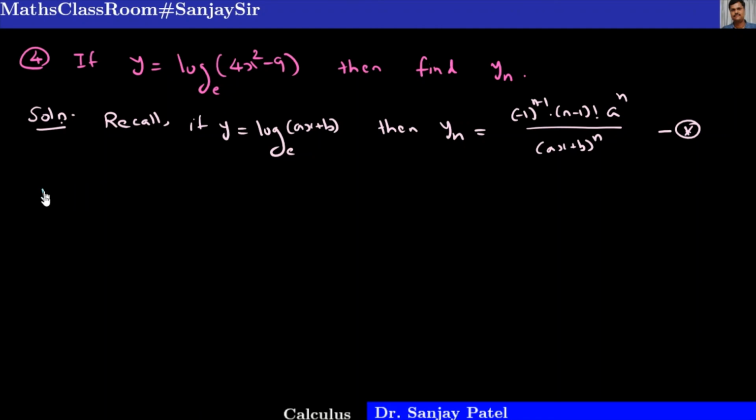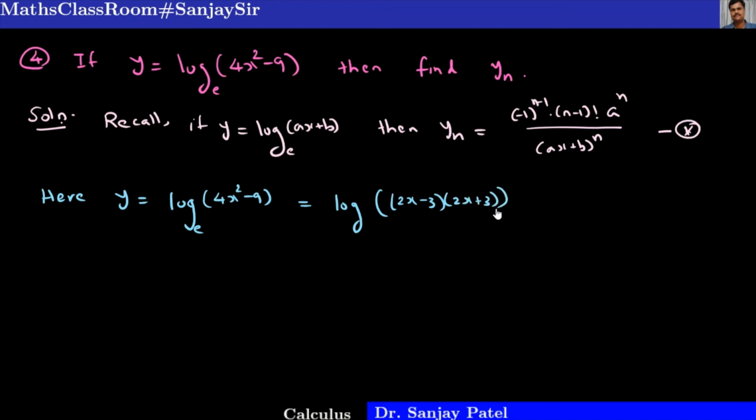So here I can write y is equal to log of 4x square minus 9 to the base e as log of 2x minus 3 into 2x plus 3. So first of all I am factorizing this, and we know log of a into b we can separate as log of a plus log of b.